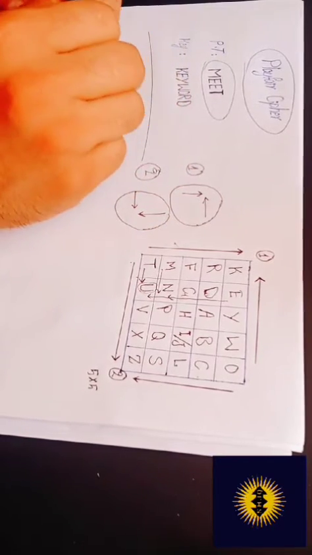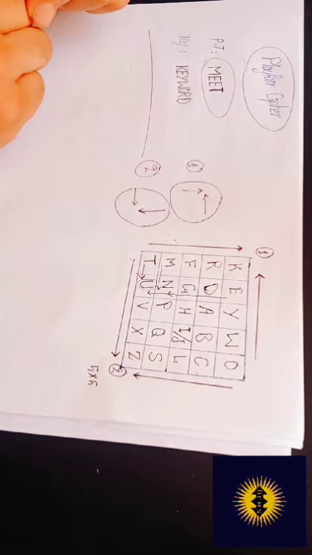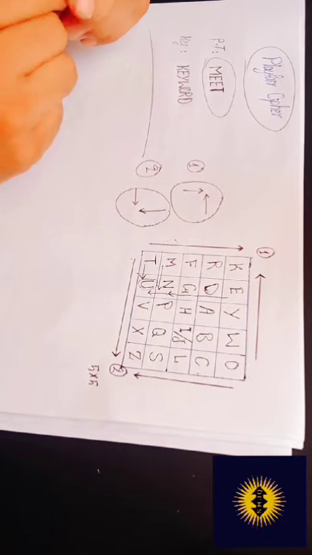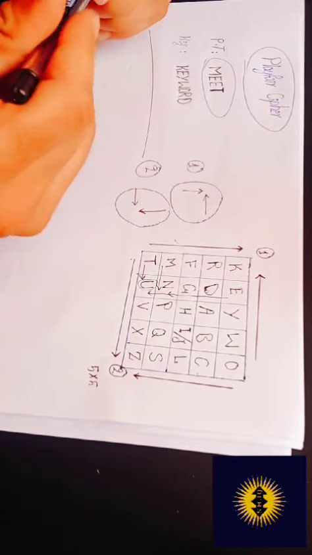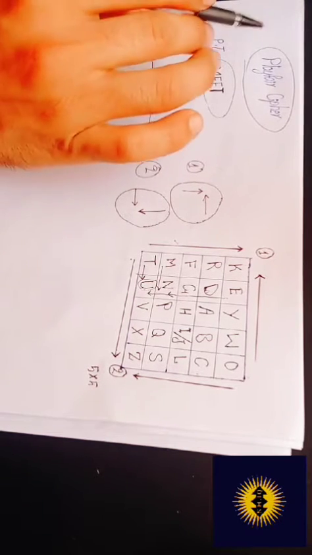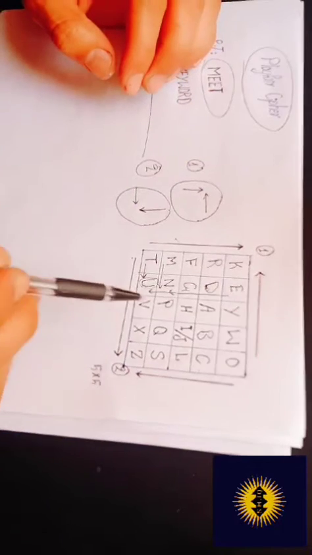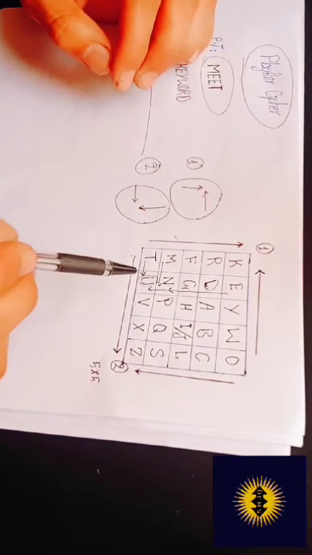Playfair Cipher is a multiple letter encryption cipher. For solving a Playfair Cipher, the most important thing is a 5 by 5 matrix.